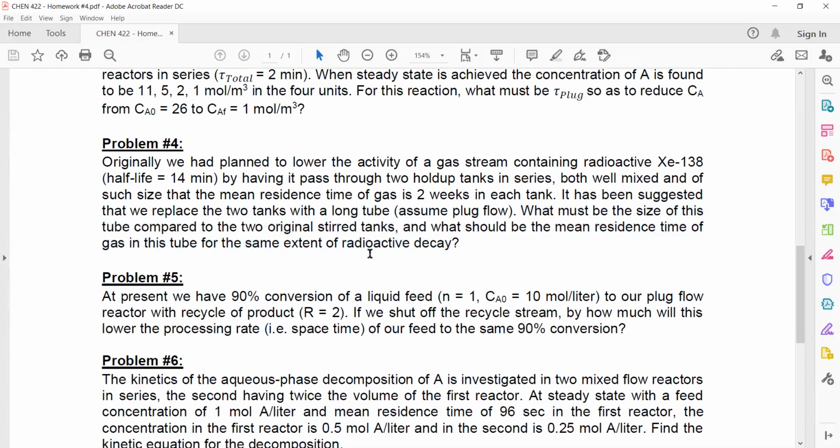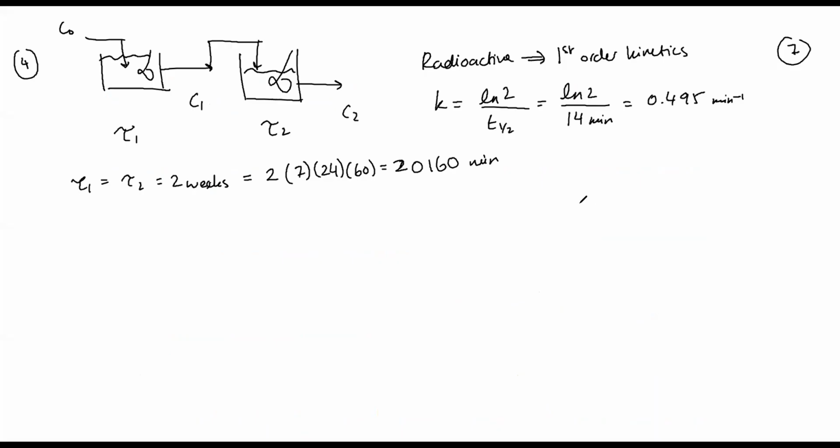Okay, so I need to find the residence time of a PFR, which will achieve the same effect. And I need to find its size compared to these CSTRs. Okay, so I need to find 2 things. Let's just rewrite them here.